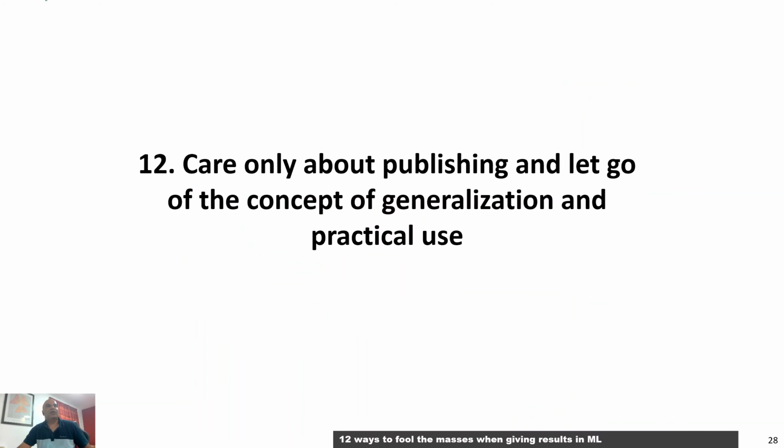Okay, and care only about publishing. Let go of the concept of generalization and practical use. When you're developing machine learning models, especially in academic settings, it's sometimes possible to feel a kind of disconnection. For example, I work on cancer imaging, and what I see is an image that is brought to me, but I don't see the patient whose tissue it is, right?